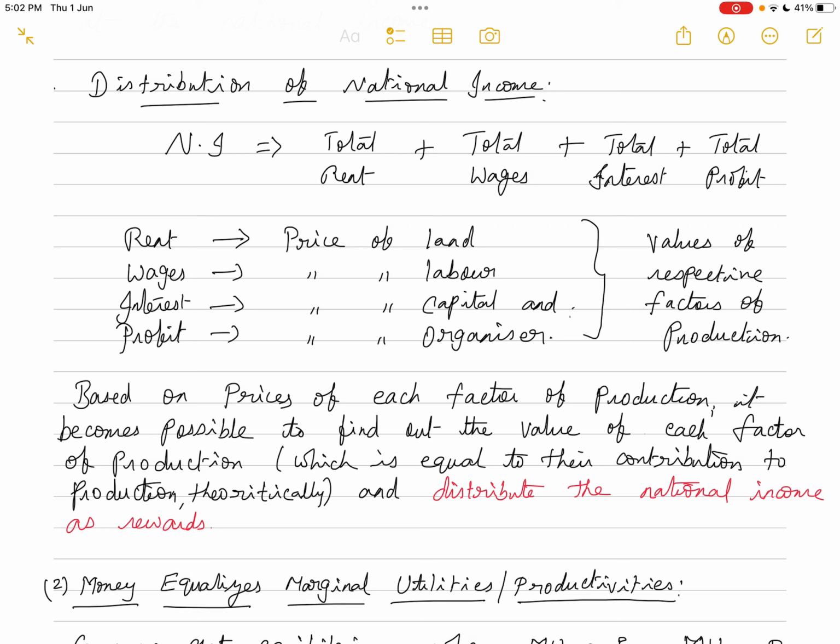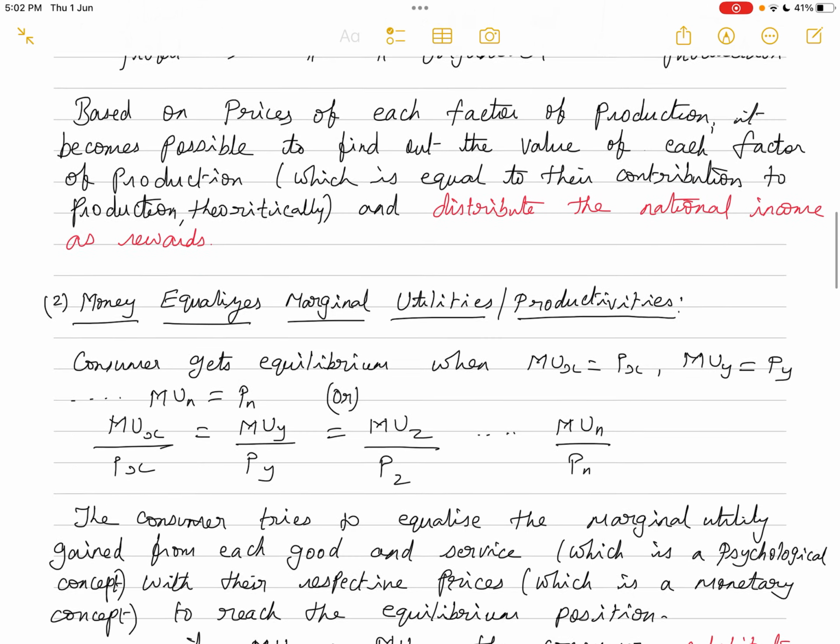Just like we find out the value of each and every commodity and determine the national income, the prices of the factors of production are determined, and in that way the national income is distributed to all the factors of production. You can understand that all this is possible only because of the invention of money. You cannot expect all this to be done under the barter system, isn't it? So that is the most important contingent function performed by money.